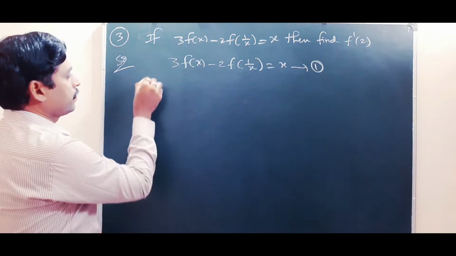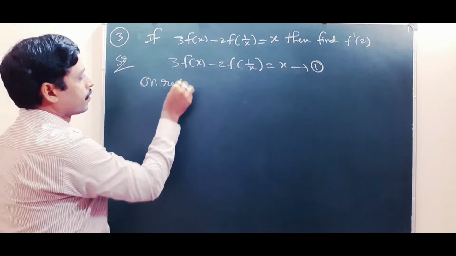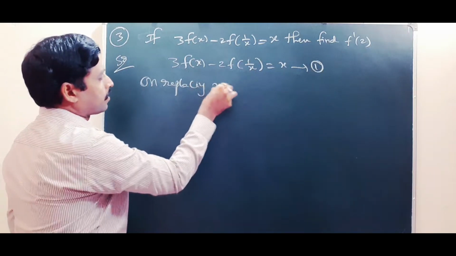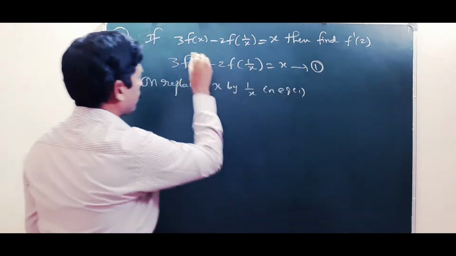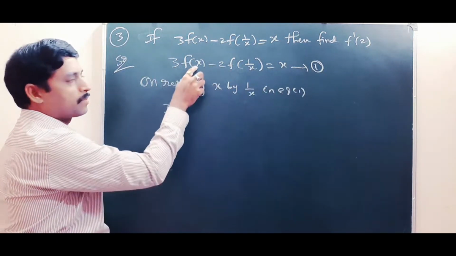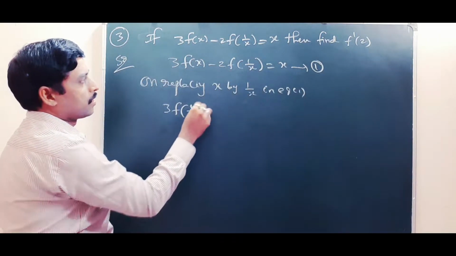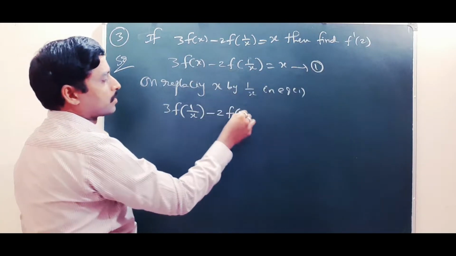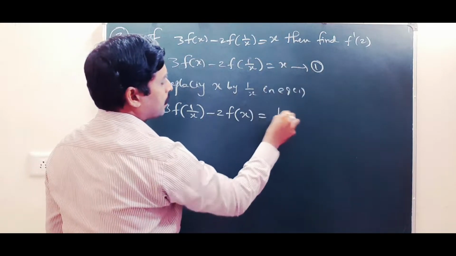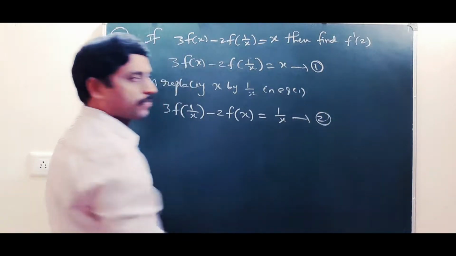So on replacing x by 1 by x in equation 1, now we get 3 times f of 1 by x minus 2 times f of x equal to 1 by x. Let us take this as equation 2.